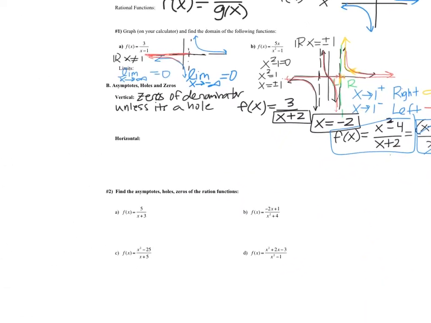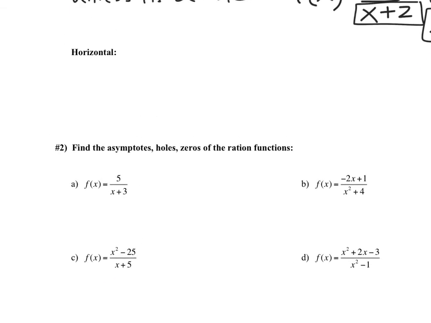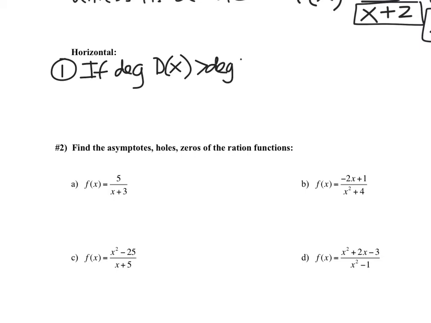So there are 3 different ways to find a horizontal asymptote, or 3 different types of horizontal asymptotes. Okay? So here we go. We're going to go through them. Number 1. If the degree of the denominator, I'll call it d of x, is greater than the degree of the numerator, we'll call it n of x.